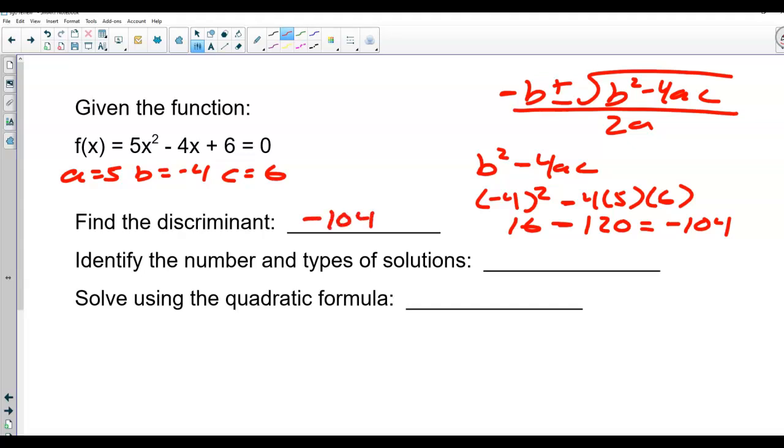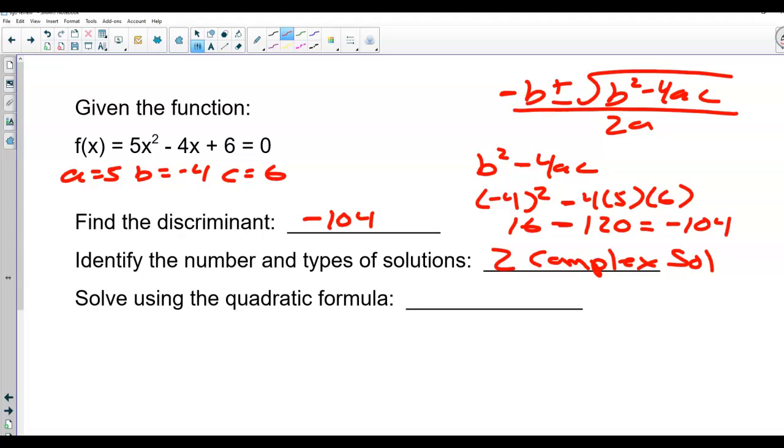Since the discriminant is less than 0, two complex solutions. Remember, a discriminant that's greater than 0, two real solutions. If that discriminant is greater than 0 and a perfect square, two rational solutions. If it's equal to 0, a double root.